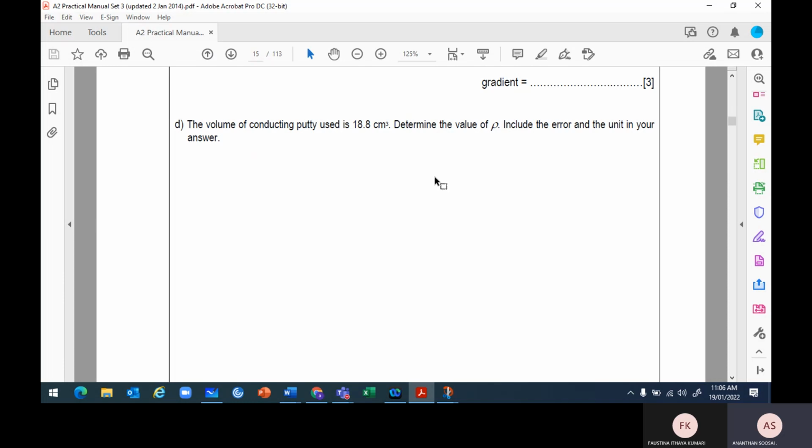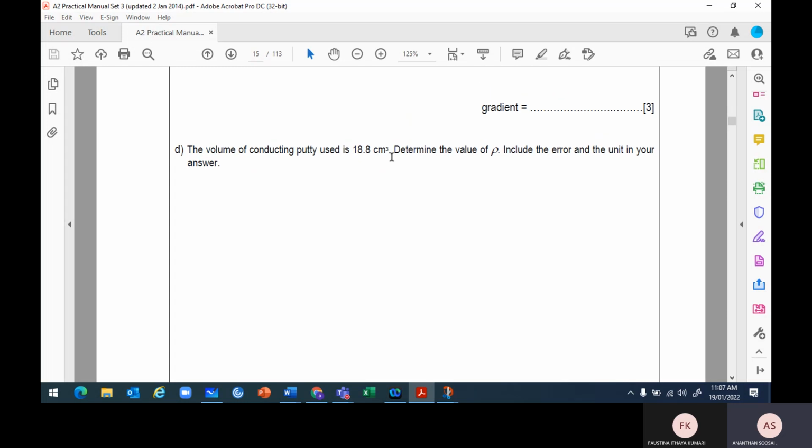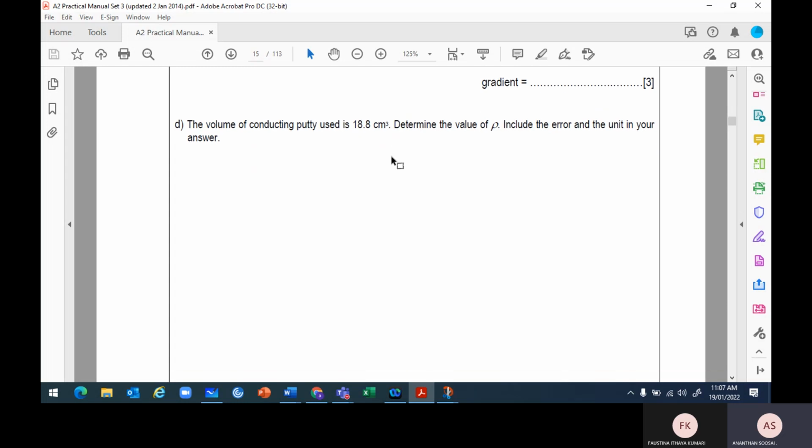So how do you find the uncertainty? The problem is how do you find the uncertainty for the rho? What is the gradient you got? I mean the equation.